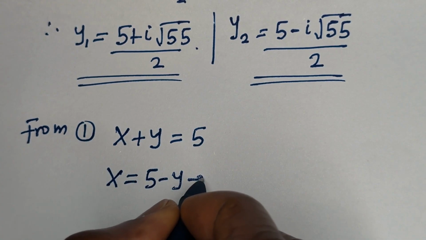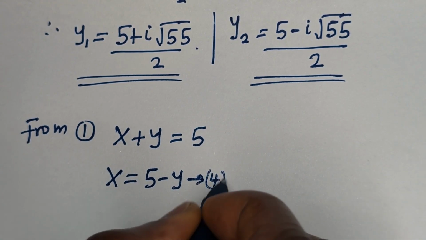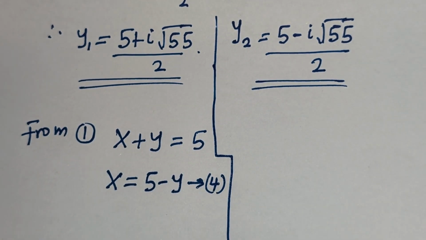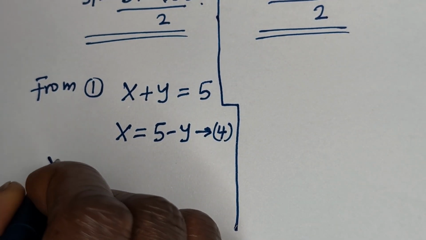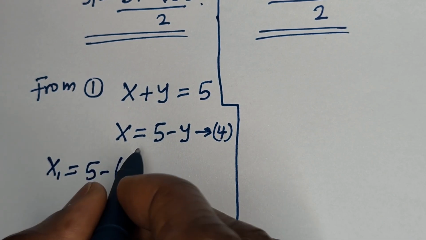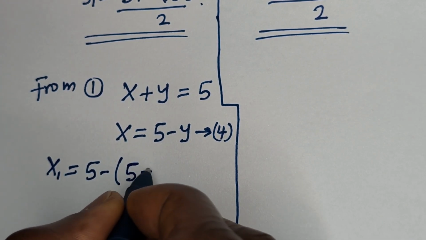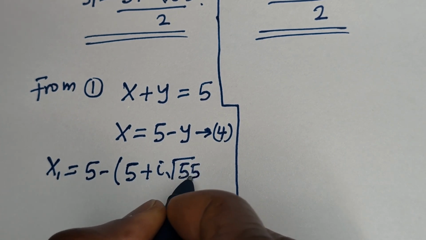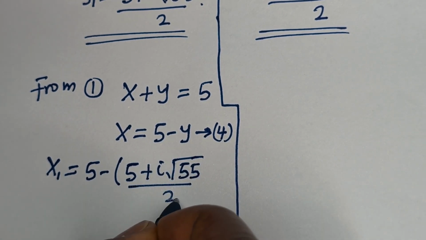Let us call this equation 4. x1 will be equal to 5 minus y1, is 5 minus 5 plus i root 55 over 2.